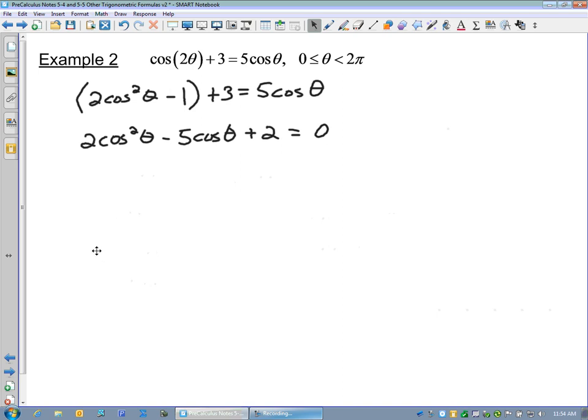Which of course our first attempt should always be to try to factor it. And normally, since we have a leading coefficient that is not equal to 1, we would say 2 times 2 is 4. I want factors of 4 that add up to -5. Use those values to break up the middle term into 2 terms, and then we can factor by grouping.